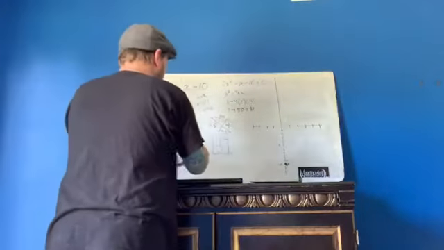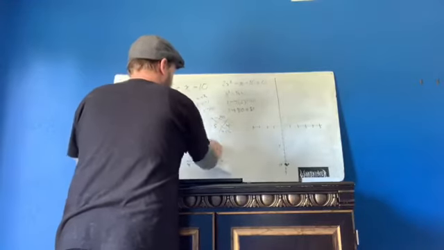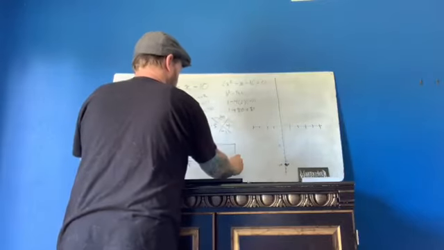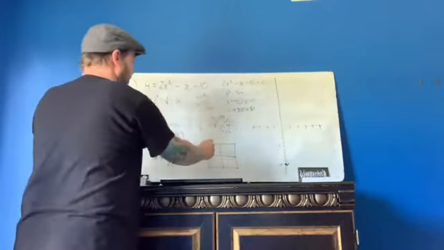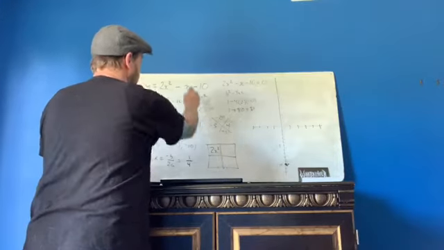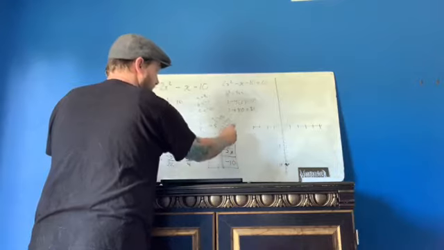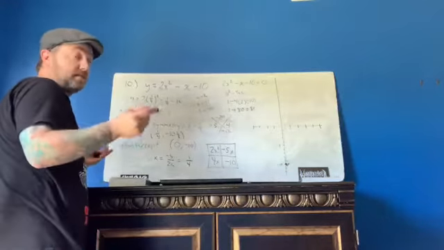That works. Let's make the rectangle a little bigger. So here we've got 2x squared, negative 10, negative 5x, 4x. All right, let's work it out.